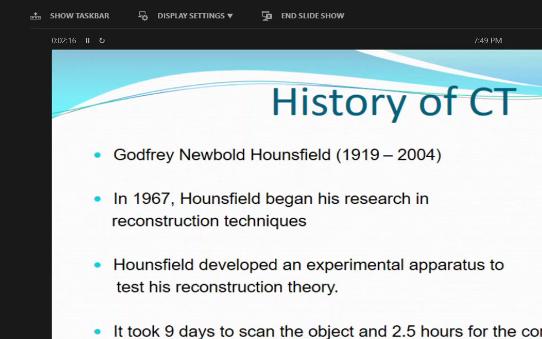So they told him, we don't have any money, but we're getting ready to sign a band. Their name is the Beatles, and if they make us any money, we will fund your research. So, of course, the Beatles went on to make oodles and noodles of money. They funded Hounsfield's research, and voila, CT was invented. So you can thank the Beatles for that.